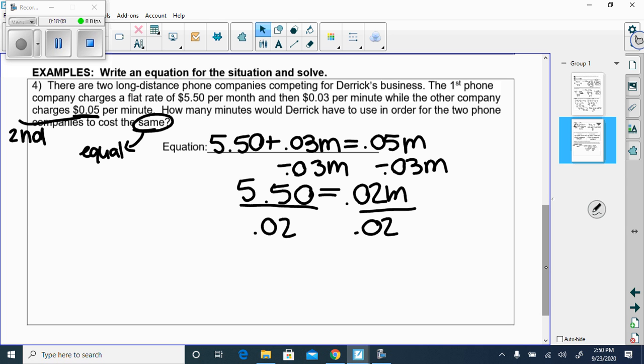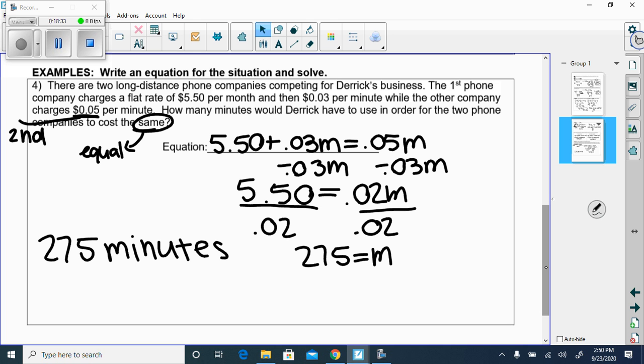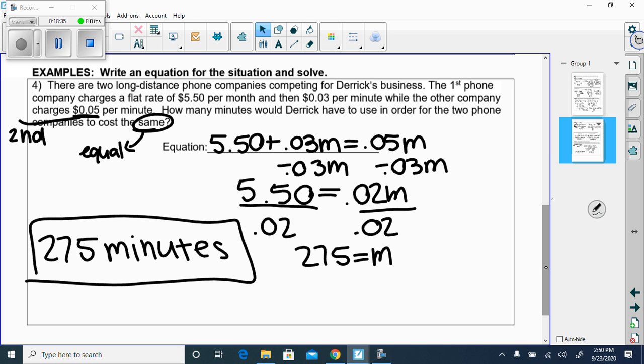Okay, and what do I get when I divide? So that means we would need them to talk for 275 minutes for it to cost the same. Good job, guys.